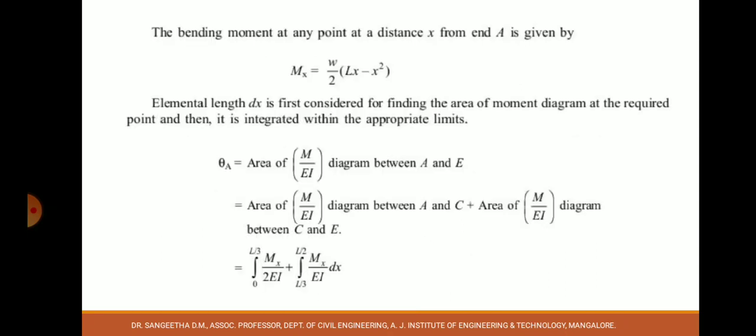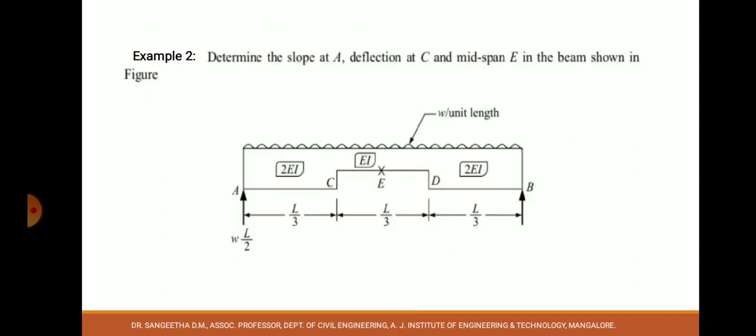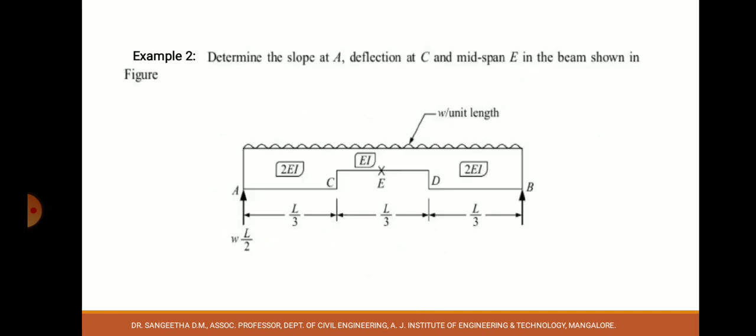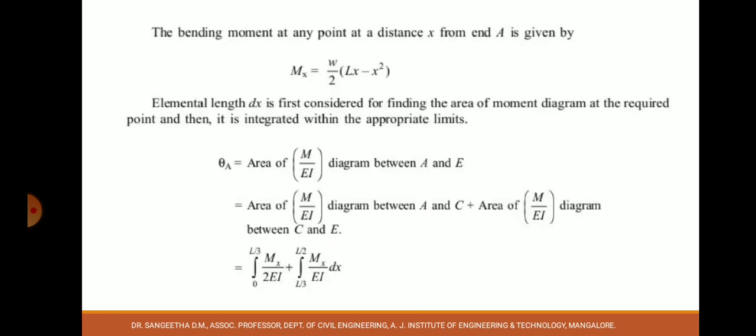At any point at distance x from support A, Mx is given by W into L by 2, where the total length is L, at a distance x, minus W into x square by 2. That is, W into Lx minus x square by 2.